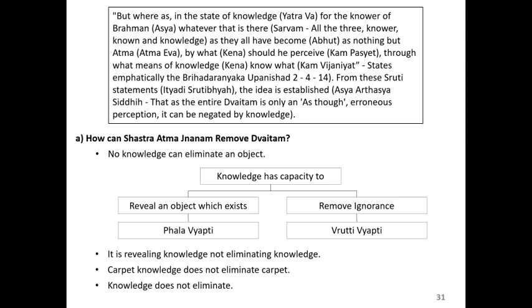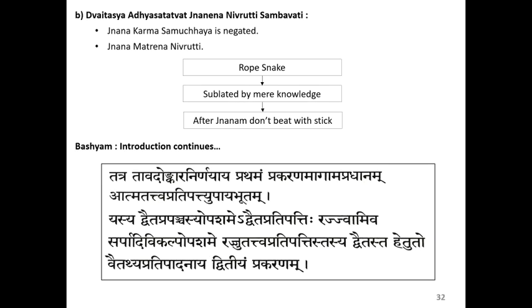So, Veda is a revealing knowledge. It reveals to us something which is unique, which I didn't know. For example, I don't know about Atma, but I learn about Atma.